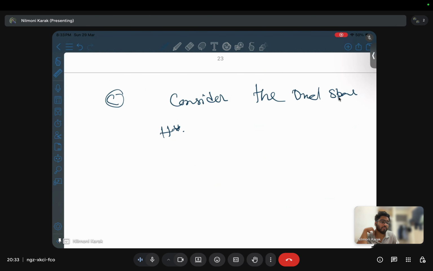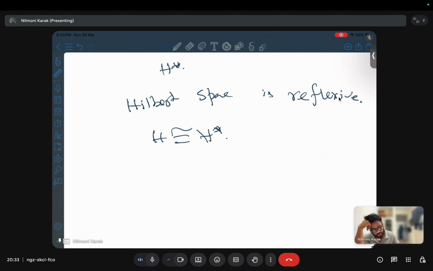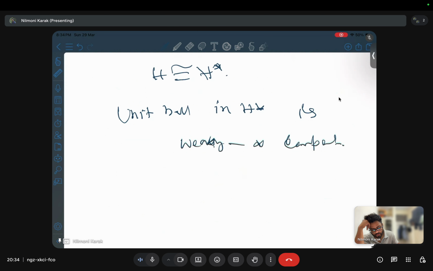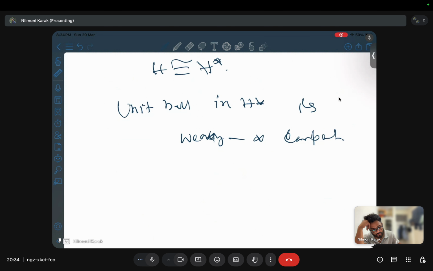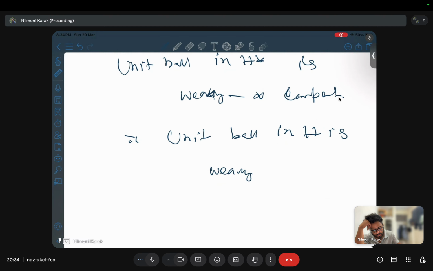Since any Hilbert space is reflexive, the unit ball in H star is weak star compact, and so the unit ball in H is weakly compact.